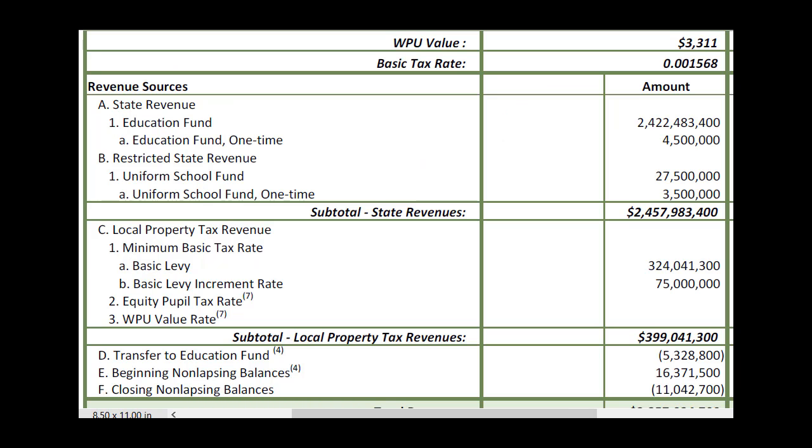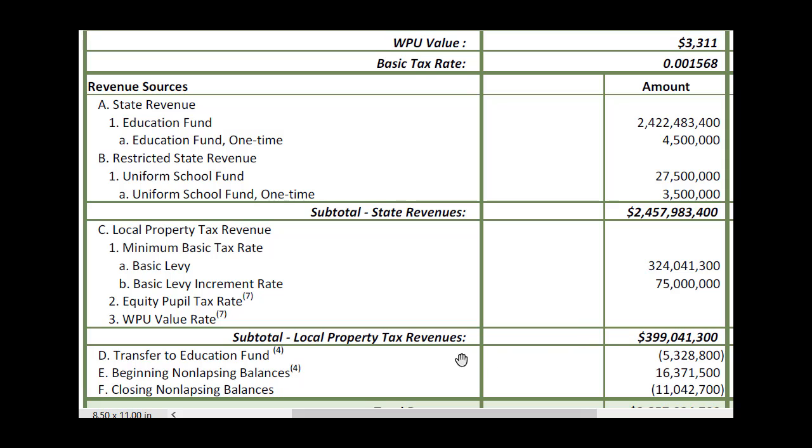Since final tax collections are not received by the state until April each year, the USBE estimates through participation on the Common Data Committee, which is made up of members from the Governor's Office, the Legislative Fiscal Analyst's Office, the State Tax Commission, and the Utah State Board of Education, to come up and set a revenue target that should be generated from the minimum basic tax rate for the state.